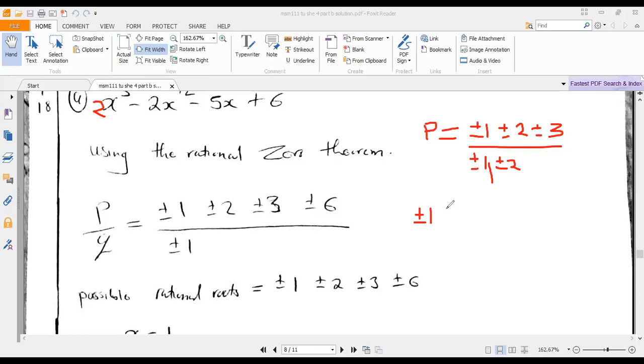So plus or minus 1, then plus or minus 3.